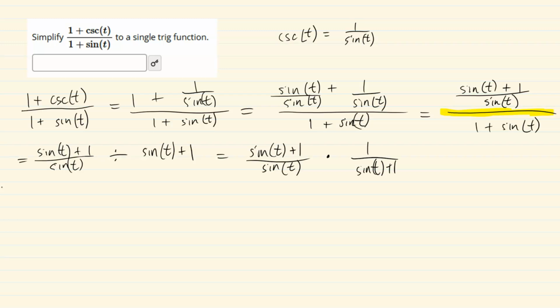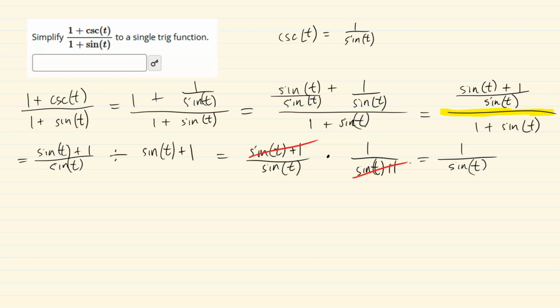Notice that we have the same thing on the numerator for the first fraction and the denominator of the second fraction. So we can cancel those out. And that would give us 1 over sine of t.